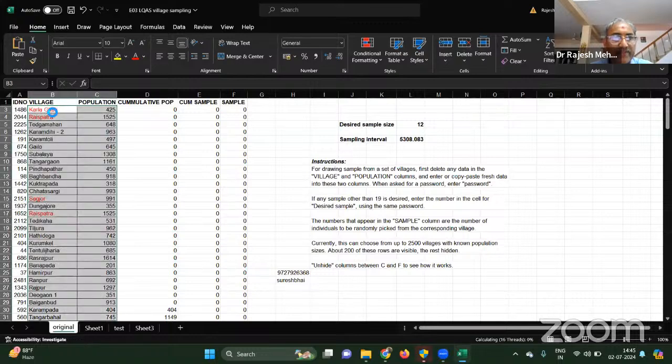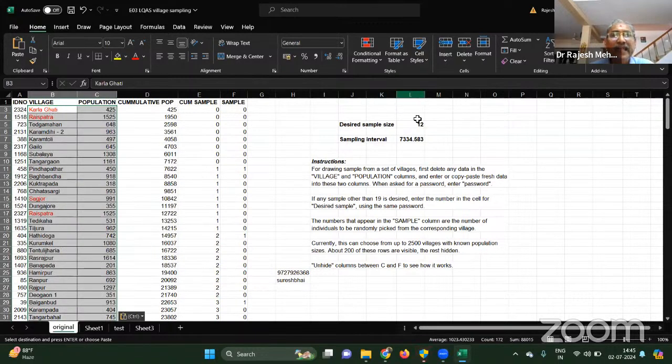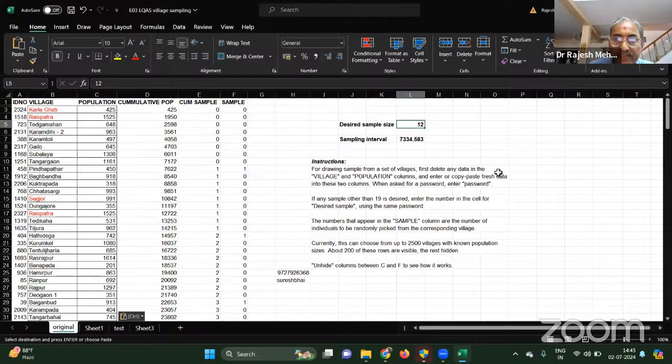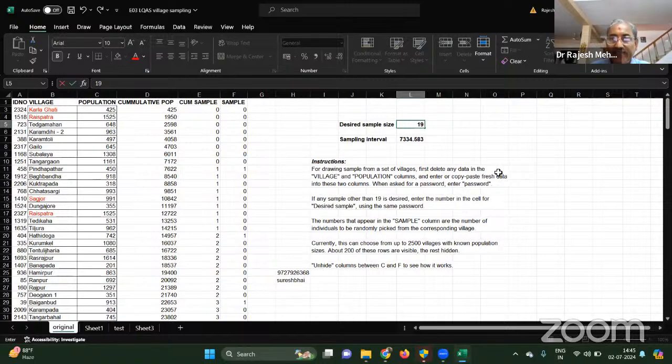You just copy-paste over here. And usually, how many samples do you want to take? Take a sample size of 19. Usually, in this, we take only 19 samples, and based on that, we find out whether the particular coverage is wrong or right.